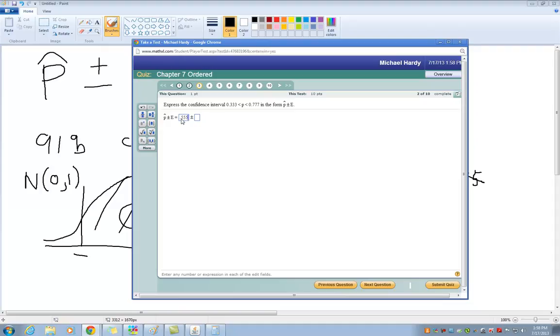Now, how do we get to the upper end? We add 0.222. How do we get to the lower end of the interval? We subtract 0.222 from that 0.555. And so 0.222 must be what we're adding and subtracting to get back to this form of the confidence interval.